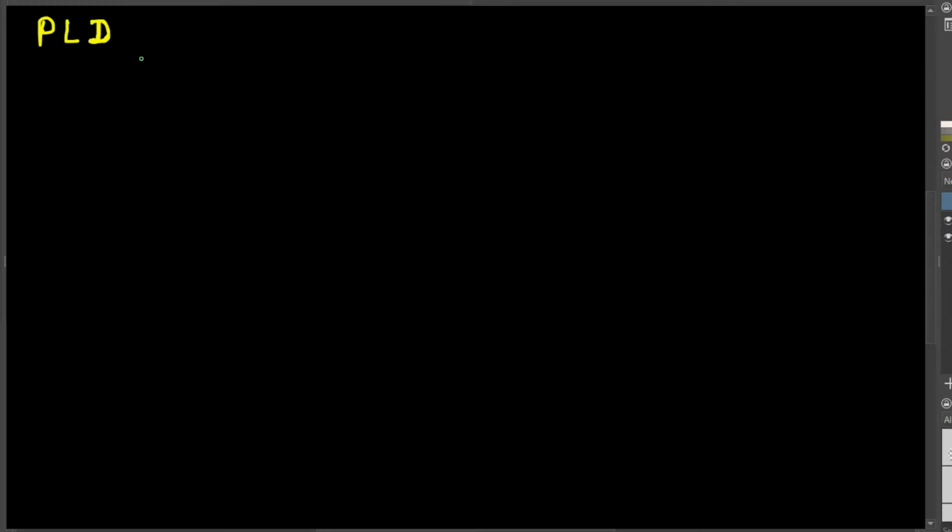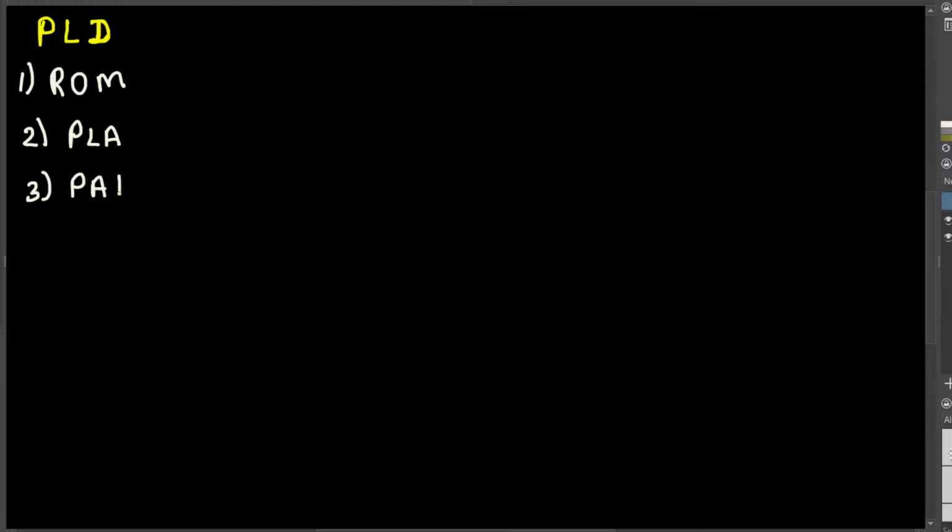Look at PLDs, programmable logic devices, and there are three types in it. The first one is ROM. This one is called read-only memory, and then we have PLA, that is called programmable logic array, and then also we have PAL.